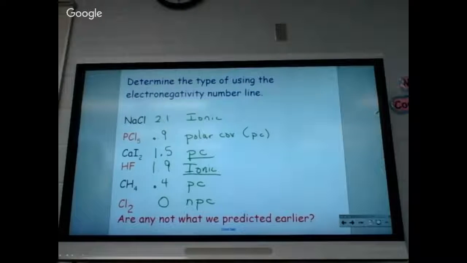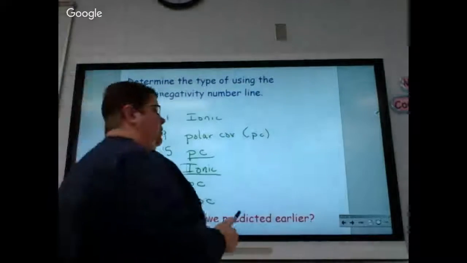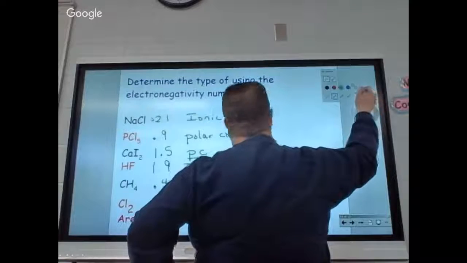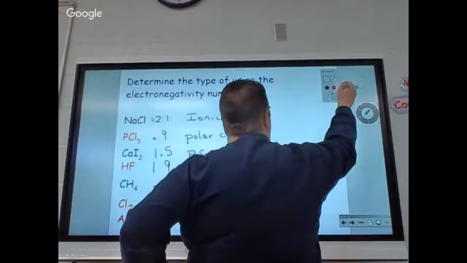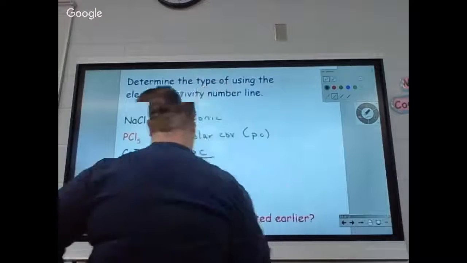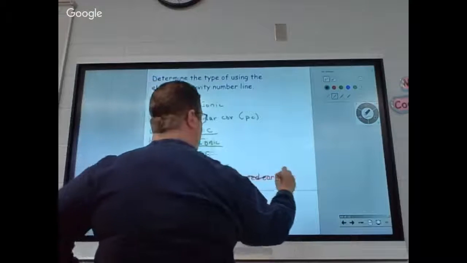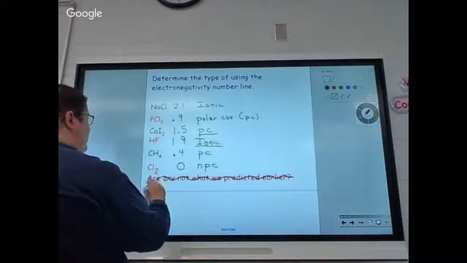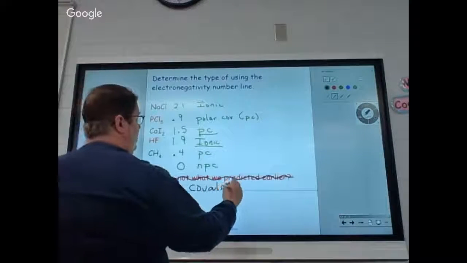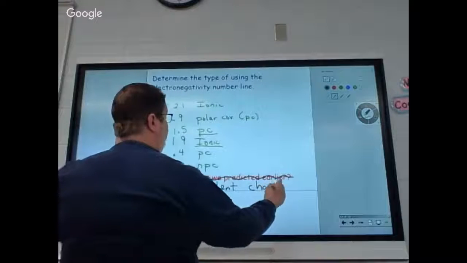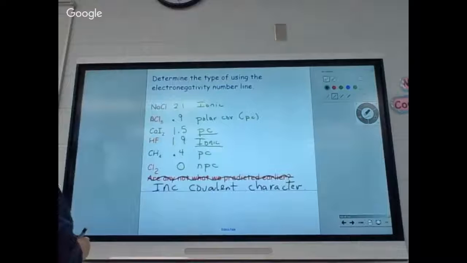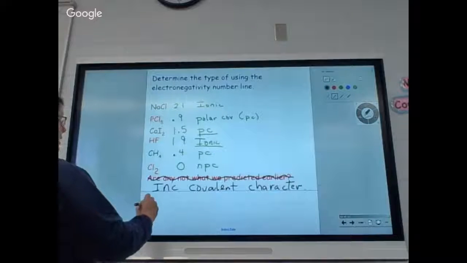That doesn't change. So let's say since this morning's opening said increasing, let's say that we arrange these in increasing covalent character. All right, so who do we start with?